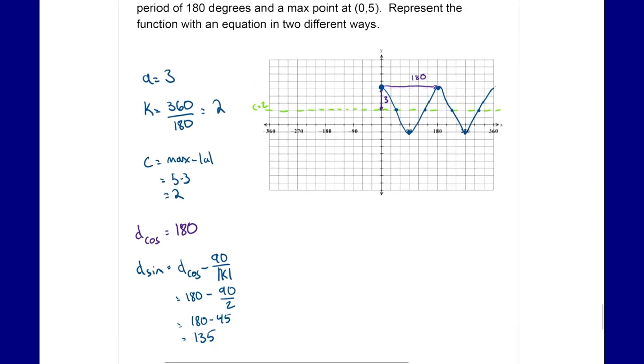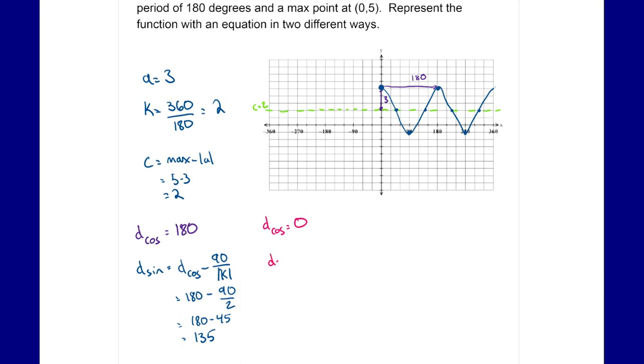We could also say, well, if my maximum is at 0, what's to stop me from saying that the d value of cosine is equal to 0? That's true. You could do that as well.